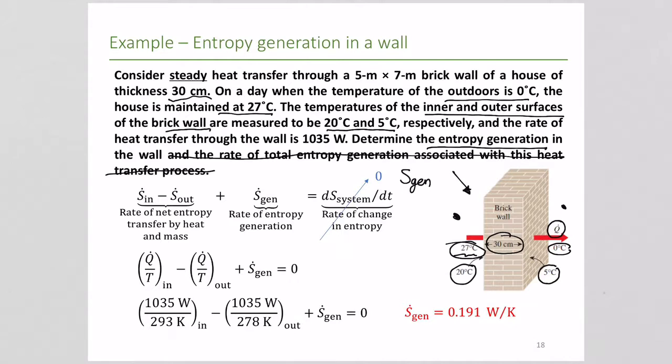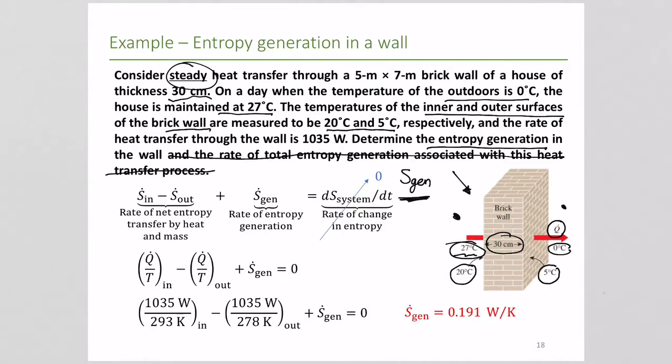So this entropy generation term is in our entropy balance equation. In this case, since the problem tells me steady, it helps you to understand that you need to use the rate form of the entropy balance equation.